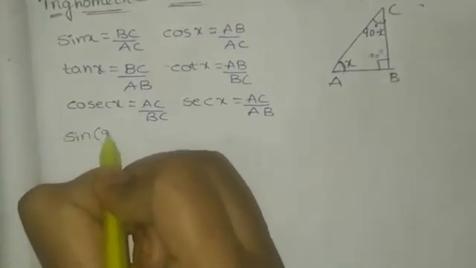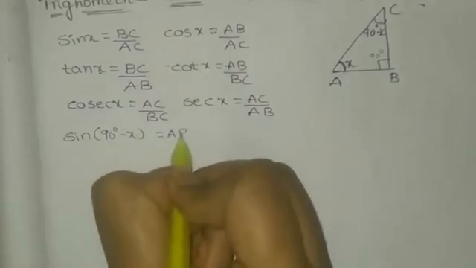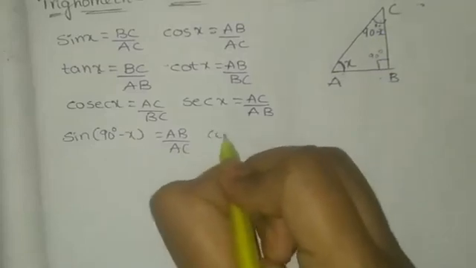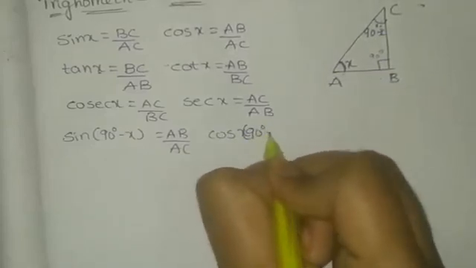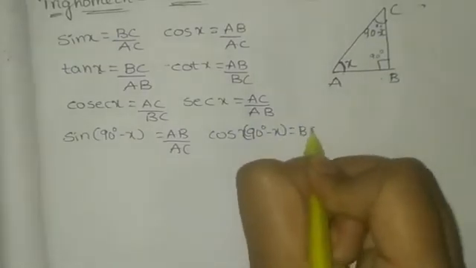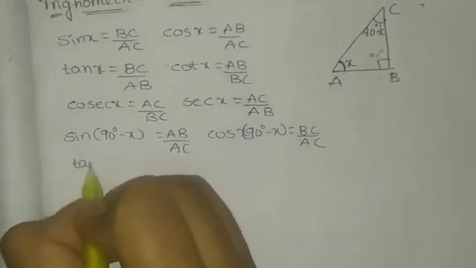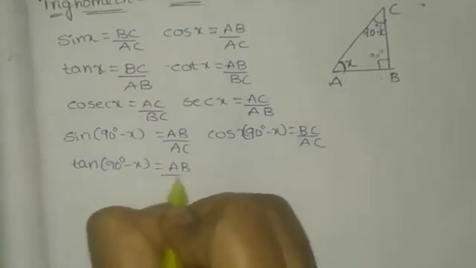Sin 90 minus X is equal to AB by AC. Cos 90 minus X is equal to BC by AC. Tan 90 minus X is equal to AB by BC.